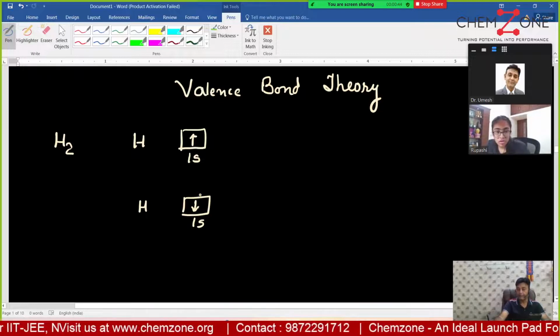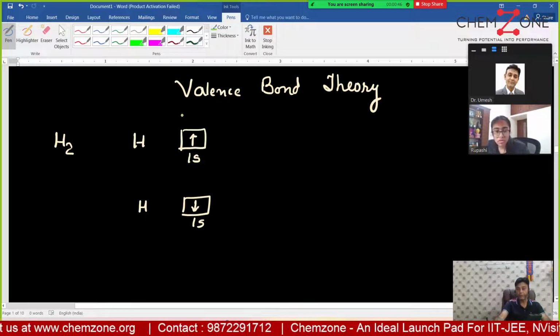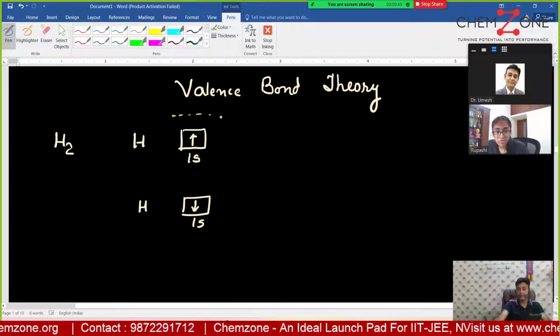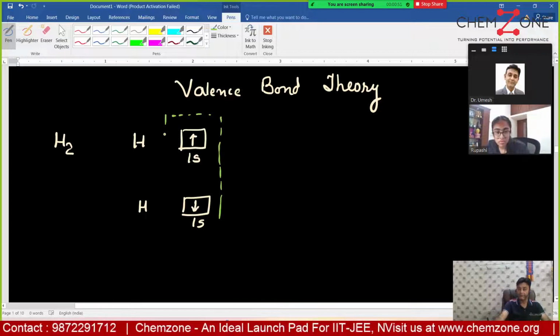Opposite spin. These are the unpaired electrons which are present in the outermost shell, and their overlapping takes place here.